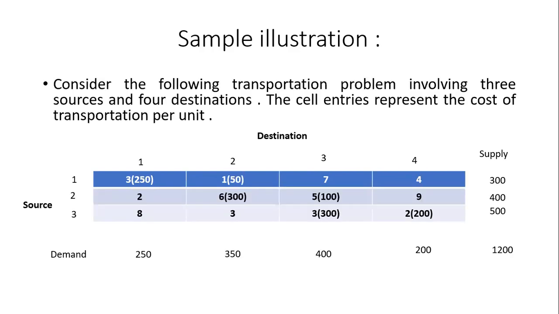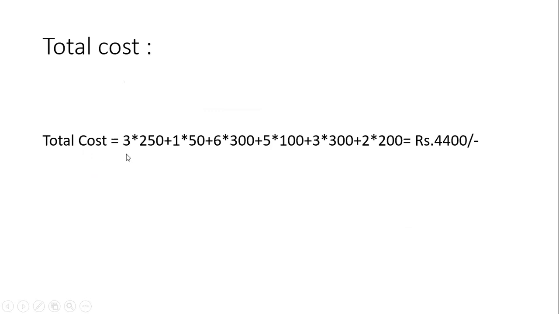Now we want to find out the total cost, that is the basic feasible solution. So consider the table, enter all the unit costs of transporting the item between each source and destination and the allotted supply and demand values in the corresponding selected rows and columns, and find out the total cost.